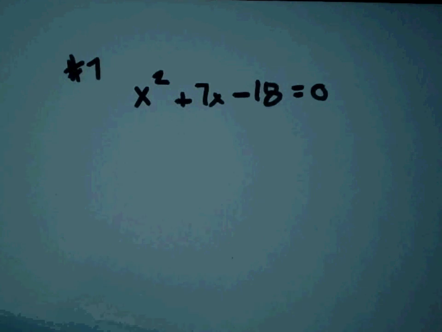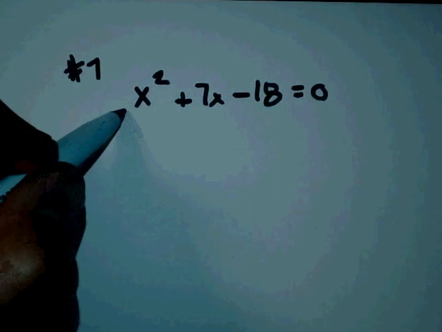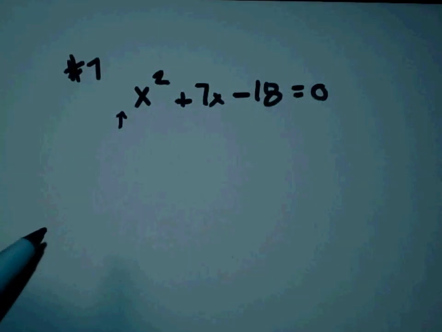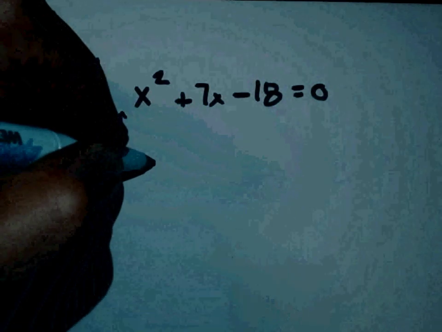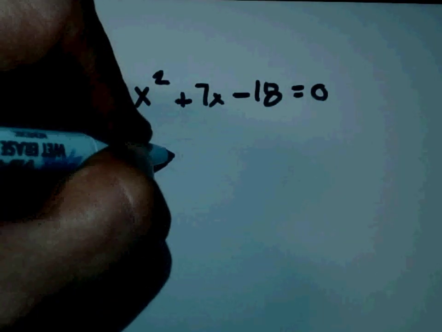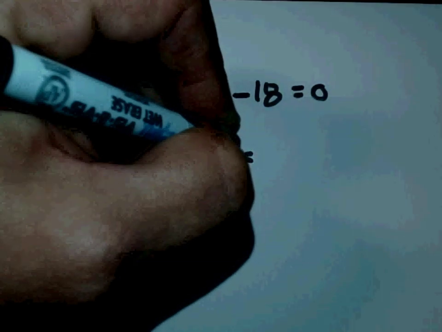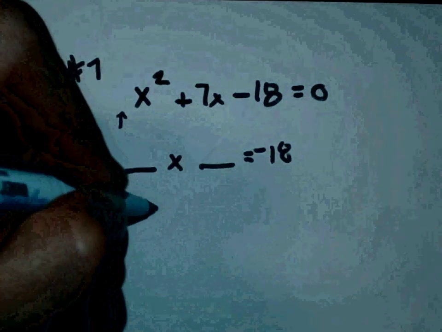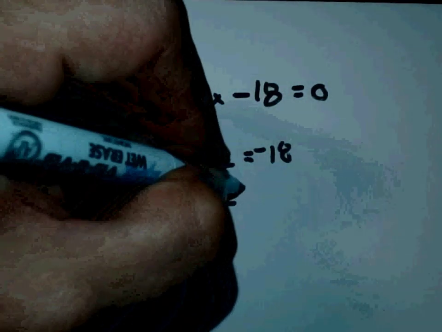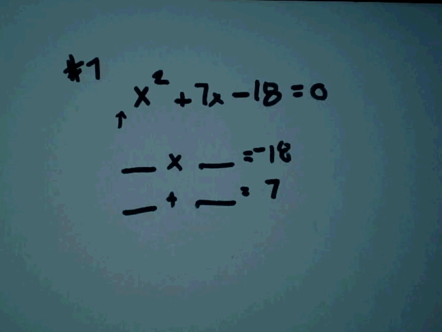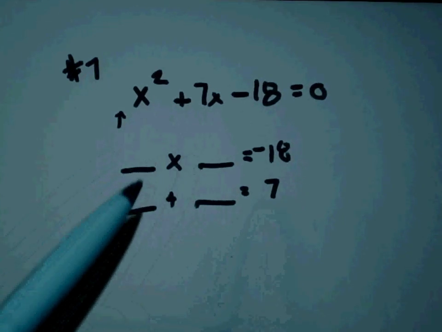Since it has a coefficient of 1 right there already, I don't have to do anything else to it. I can just ask the question, what do I multiply to give me negative 18 and add to give me 7? What numbers are those?